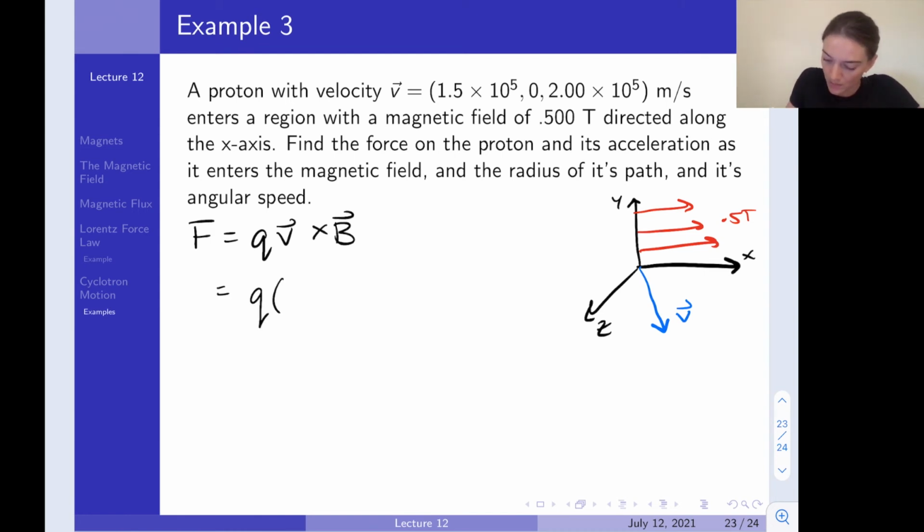So we have v with some component in the x hat direction, no component of velocity in the y hat, and a component in the z hat, and we're crossing that into a magnetic field that is only in the positive x hat. I'll call that B in the positive x hat.